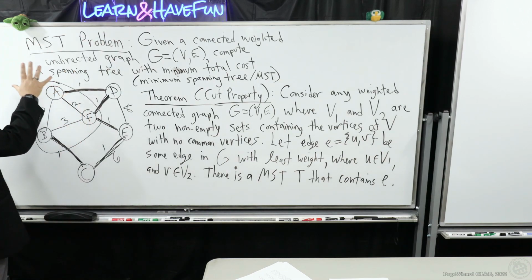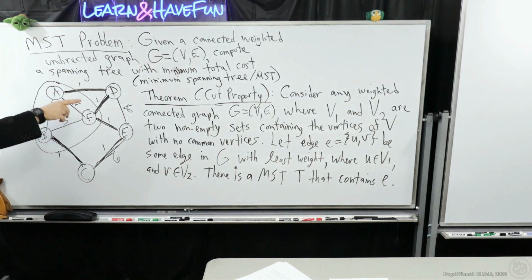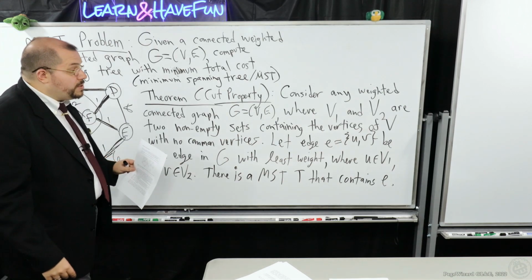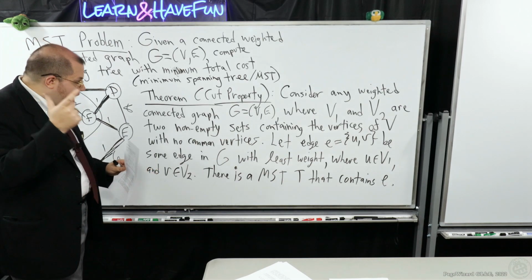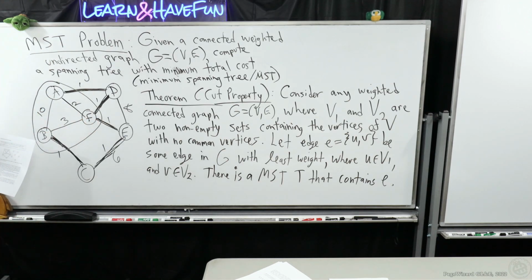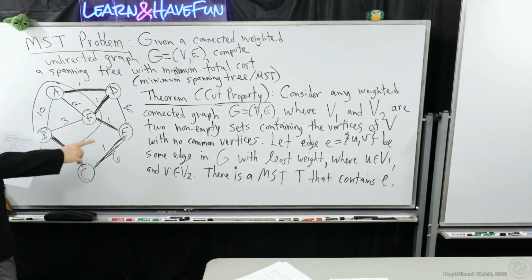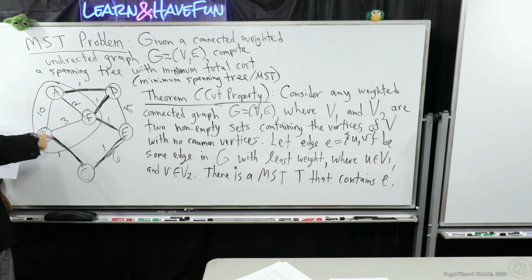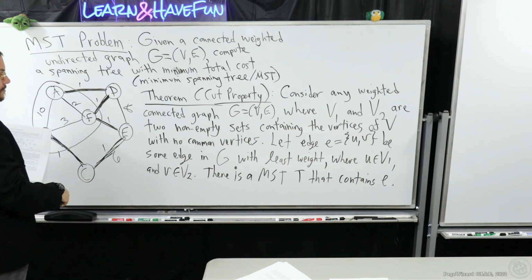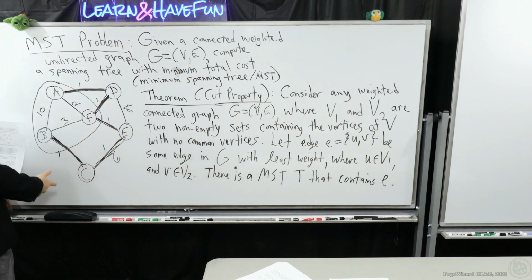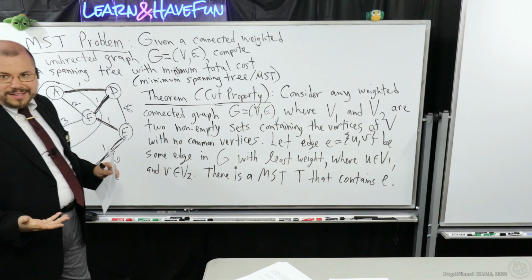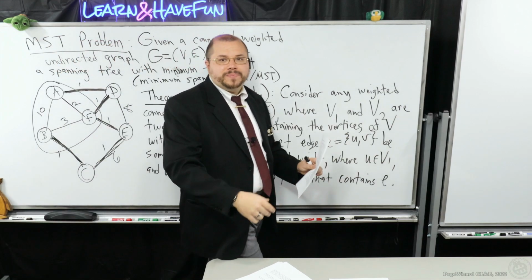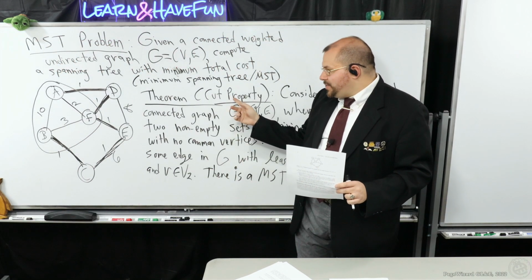I gave you V1 is A, B, and F, and V2 is D, E, and C. What the cut property is saying is, if you give me a least weight edge, an edge with the smallest possible weight among those where U is one of the vertices in V1, and V is the other endpoint of the edge sitting outside of it, we call these cut edges. These cross the cut. That's where the name comes from.